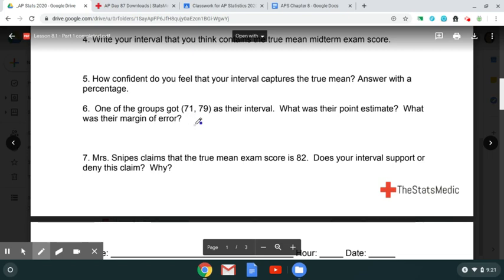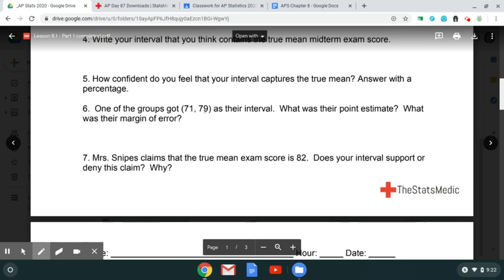Then the margin of error: 75 is right between the 71 and the 79, so the margin of error has to be 4, because 71 plus 4 gives me the 75 that's in the middle, and 79 minus 4 gives me the 75. So there's a margin of error of 4 points on either side of the point estimate.